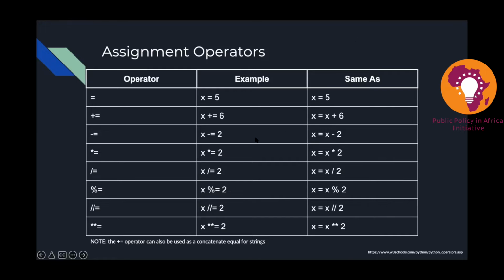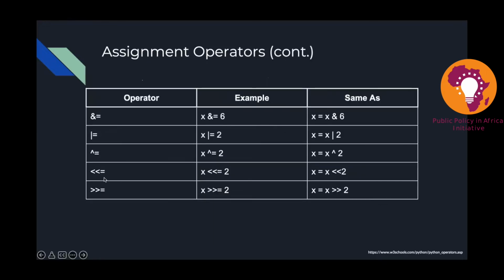All right, so moving on. So these are some other assignment operators that personally I have never seen used in actual code, but these are there if you ever find it in somebody's code. So these are bitwise operators, and we're not really going to be dealing a lot with bitwise functions in this class.